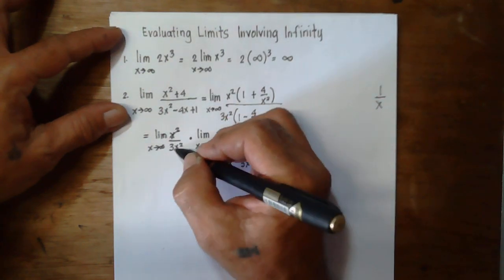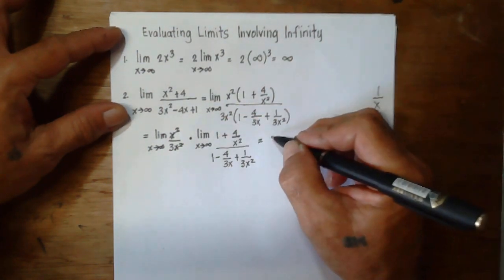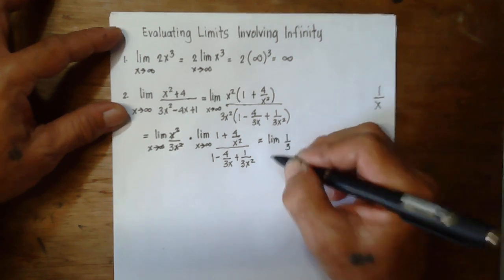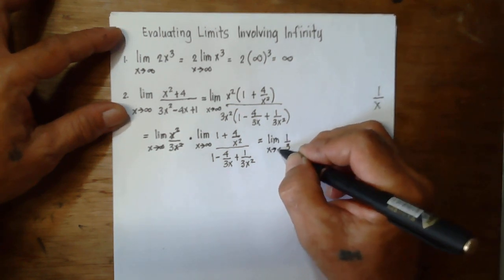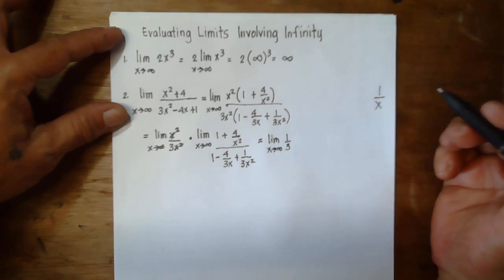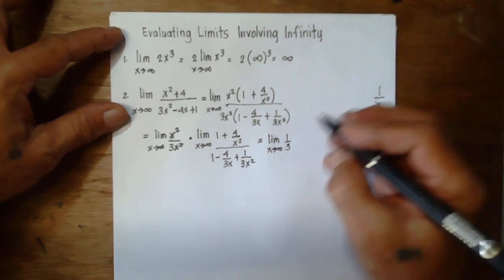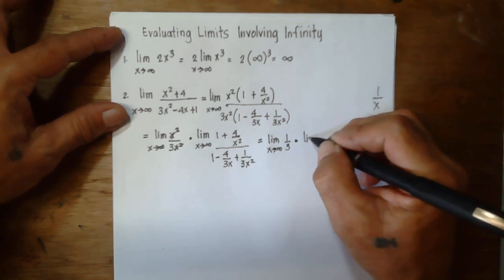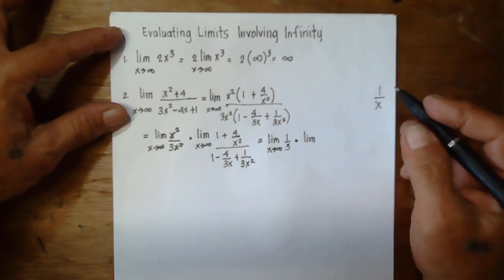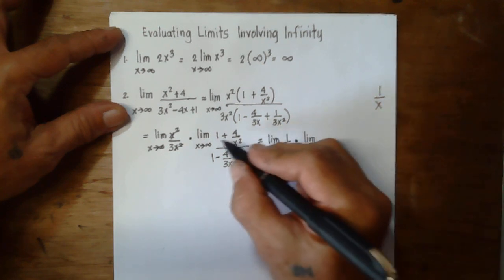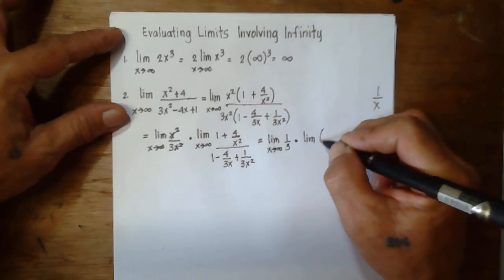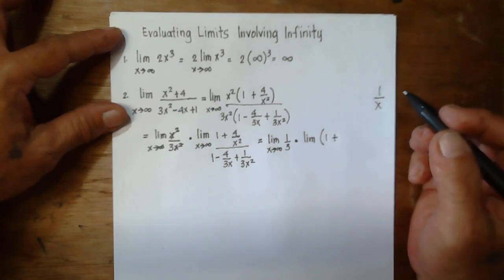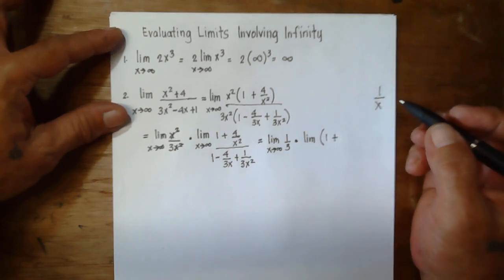This term can be canceled, so this can be rewritten as the limit of 1 over 3 as x approaches infinity. Okay? Now, this is multiplied by the limit of, this is a constant, 1 plus 4 over x squared.